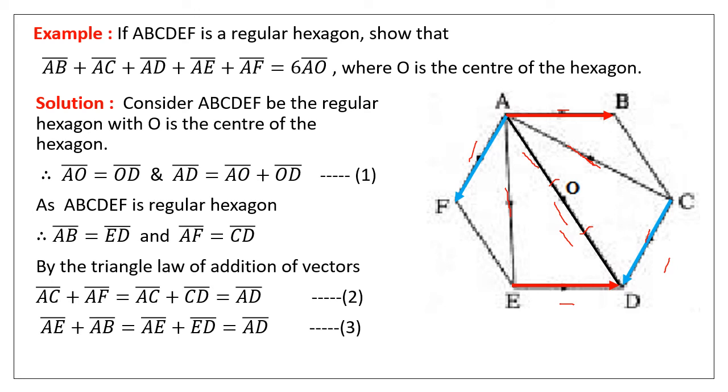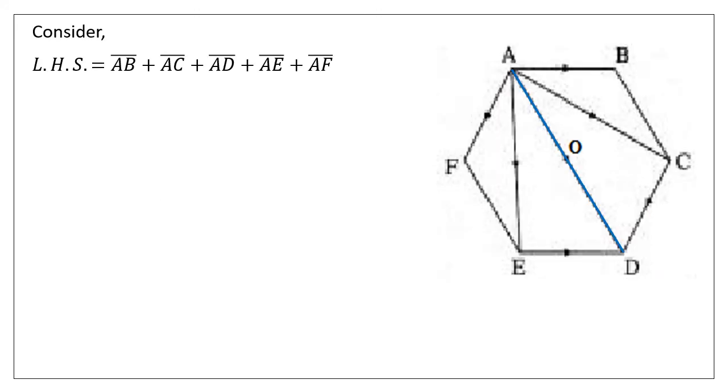So student, also AE bar plus AB bar equals AE bar plus ED bar, which is AD bar. Call it 3. So consider our LHS: AB bar plus AC bar plus AD bar plus AE bar plus AF bar.